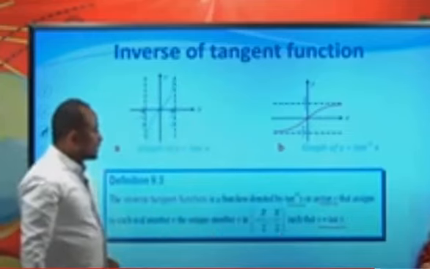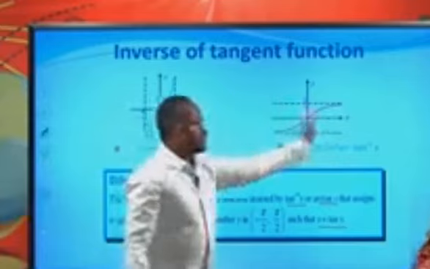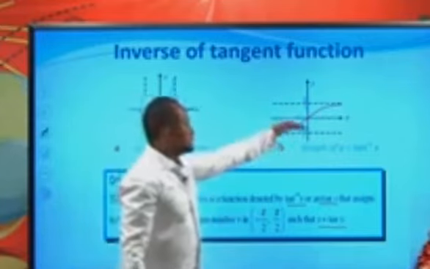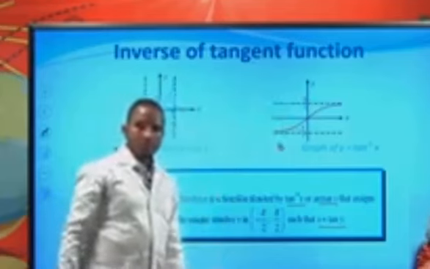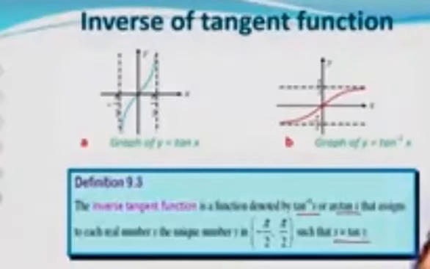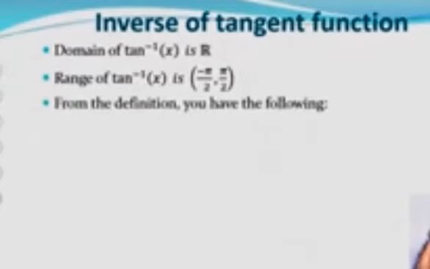And as you can see, the domain of tan inverse is the set of real numbers. Its range is between negative pi over 2 and pi over 2, without including negative pi over 2 and pi over 2.